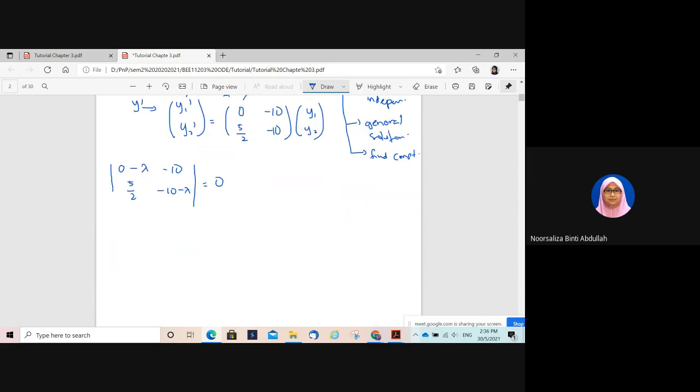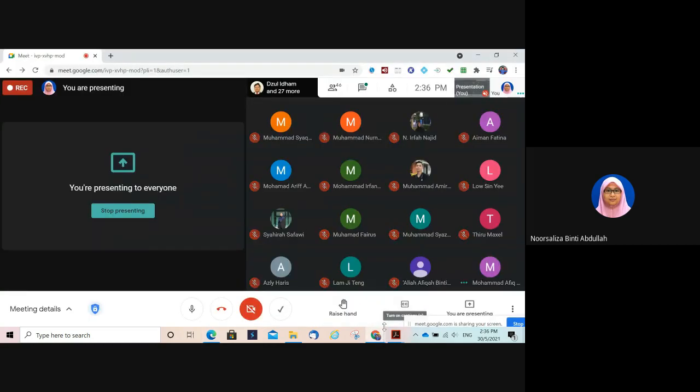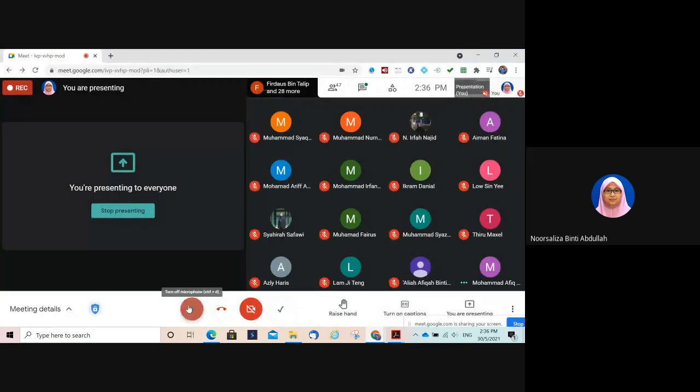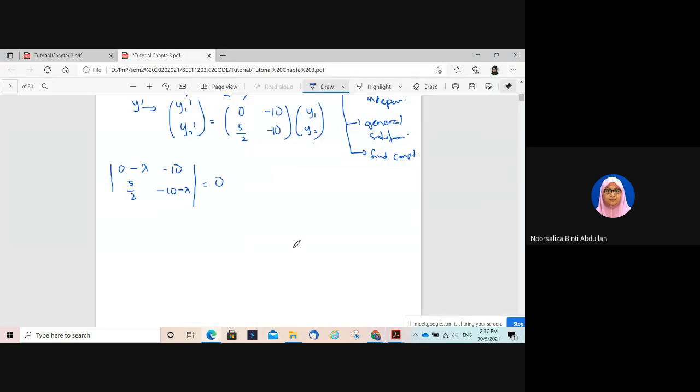Then we have 0 minus lambda times minus 10 minus lambda, minus 5 over 2 times minus 10, equals to 0.